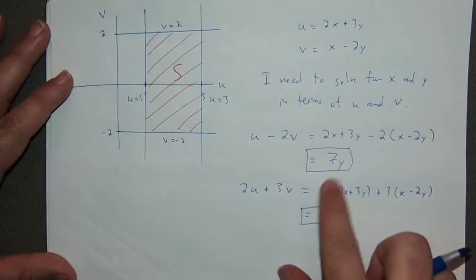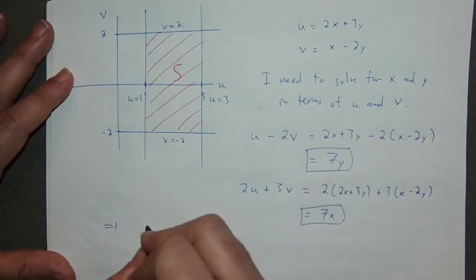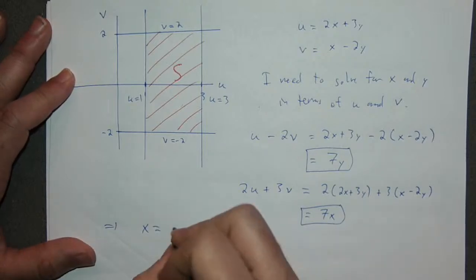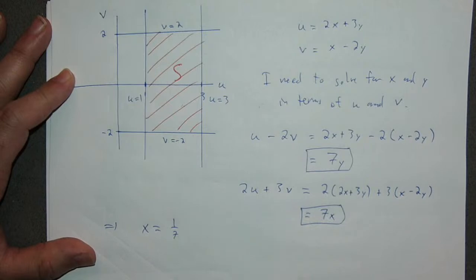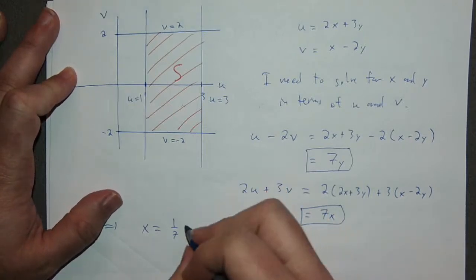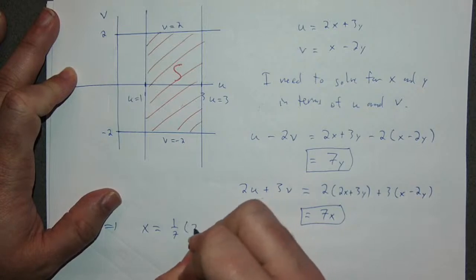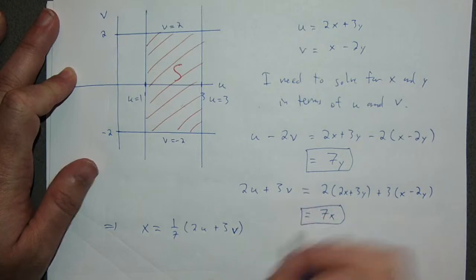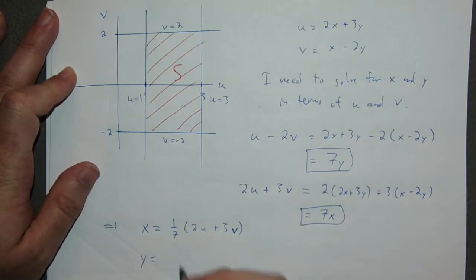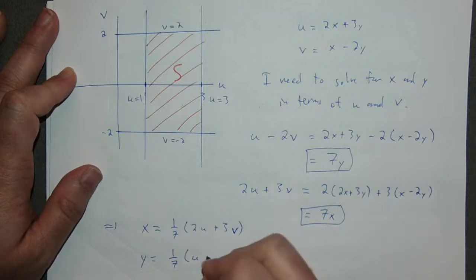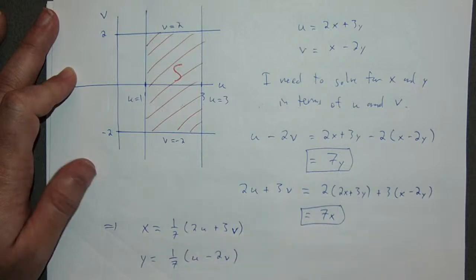And so what does this mean? It means that x is equal to, if I divide through by 7, 1/7 times 2u plus 3v, and y is equal to 1/7 times u minus 2v.